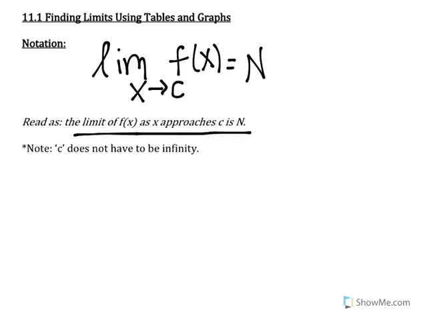Now, f of x is usually replaced with some sort of function, like x squared or the polynomial x squared plus 3x. The x and the arrow are always there, but the c and the n are different numbers. So c and n are just numbers.